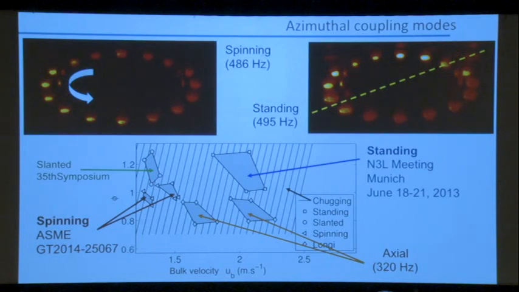And these are spinning. So it gives you an idea of what happens. What is the parameter phi? It's the equivalence ratio. So you change the equivalence ratio. So here you are on the rich side, slightly rich, while here you are on the lean side. And UB is the bulk velocity of injection.